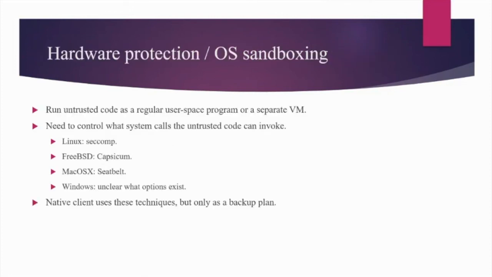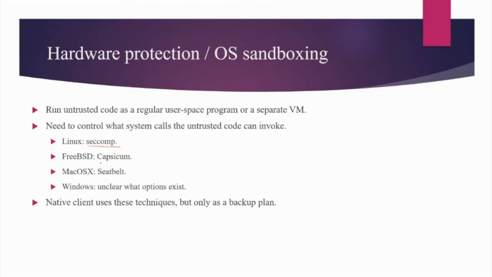Okay, so with hardware protection, we will run untrusted code as a regular user space process or as a separate VM, etc. So we need to control what system calls untrusted code invokes. When we are using Linux, we have seccomp, which will allow only restricted system calls to execute.